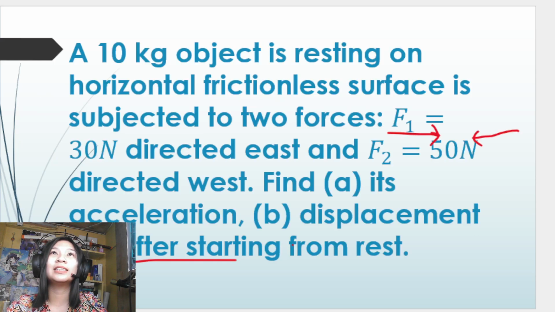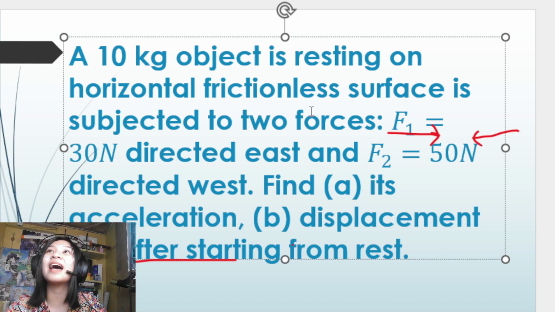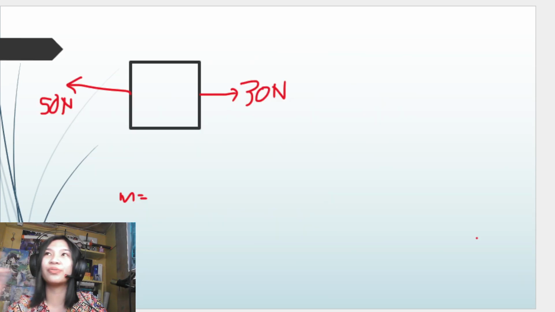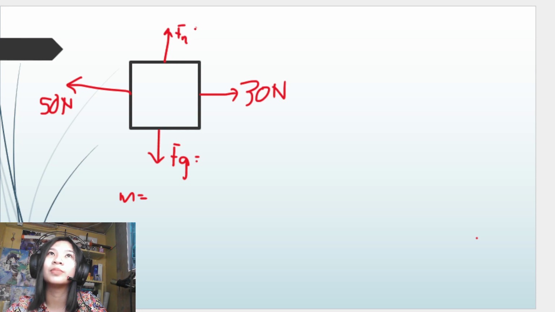Since this object has a surface, it has F norm. Some only wrote FG, with no F norm. FG, F norm, or Fn. It's okay.